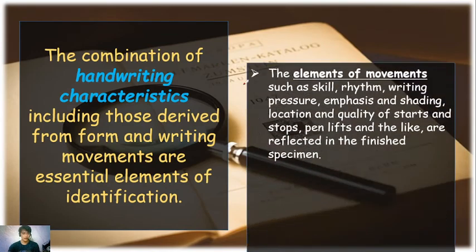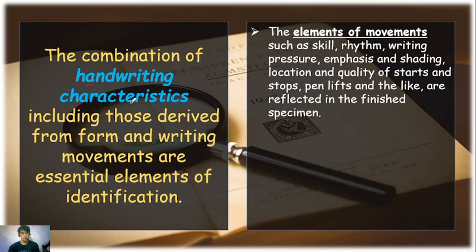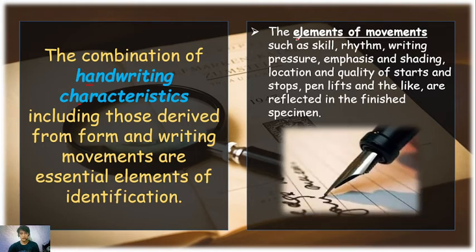And then we have here combination of handwriting characteristics, including those derived from form and writing movements, are essential elements of identification. So take note of the elements of movements, katulad na lang nung skill, rhythm, writing pressure, emphasis, shading, location, and quality of starts and stops, pen lifts and other elements of movements in writing.